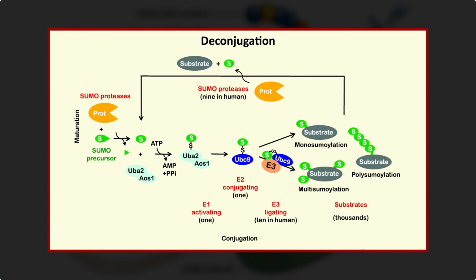In this reaction, SUMO is connected to a lysine residue in substrate protein by covalent linkage via 3 enzymes, namely activating, that is E1, conjugating E2, and ligase, that's E3 enzyme. Also, it is separated from the target protein by a specific enzyme, SUMO protease.